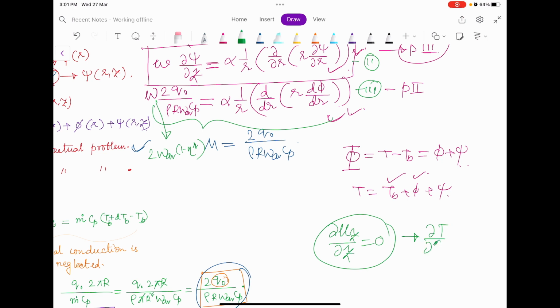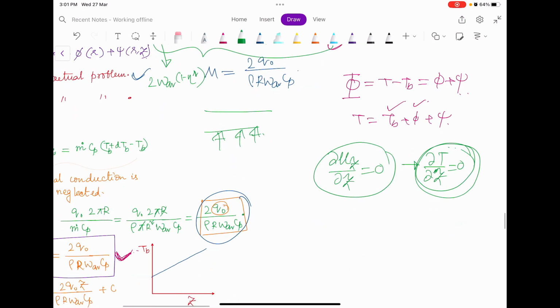Don't ever say that del T del z is equal to 0. This means that in the pipe you are giving heat but the temperature is not increasing, and that is not possible. So can we find, instead of T, any variable that has this kind of property, that is not changing with z? That is nothing but phi.